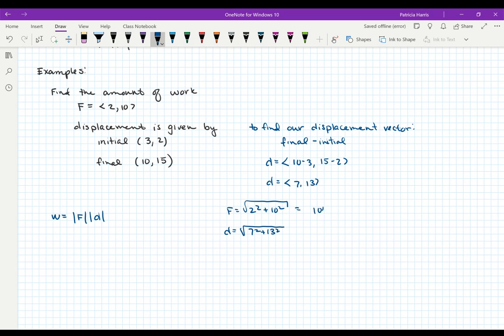So that would be 104. And then 218. Okay. So my work value is the square root of 104 times the square root of 218.